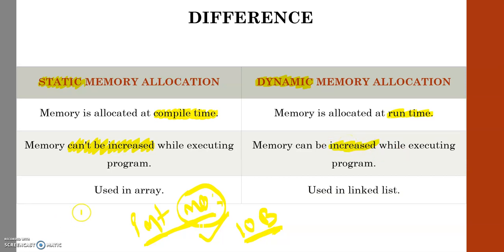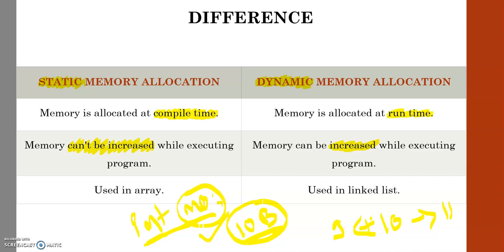Like if I have a static 10, I cannot expand it or reduce it. But if I have a dynamic 10, then I can go to 9, and also I can increase it to 11. So this is another benefit, that we can manipulate the memory size.